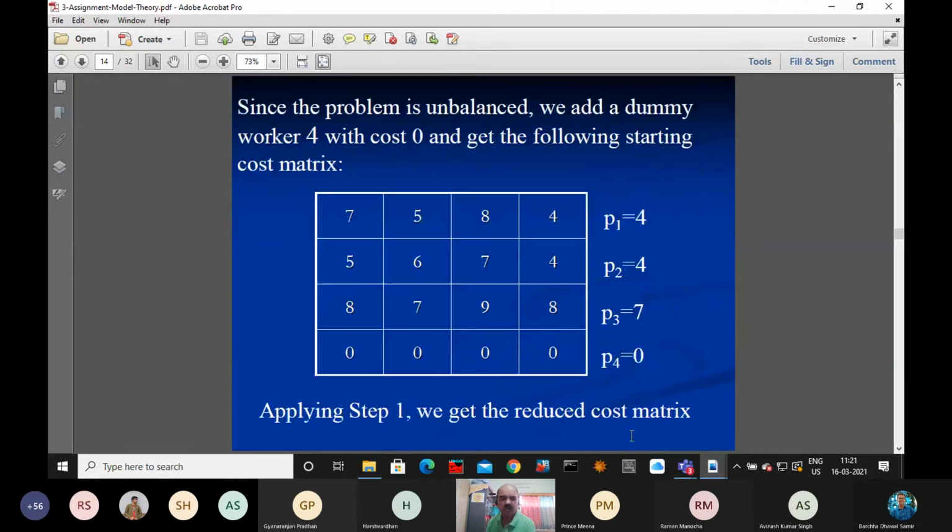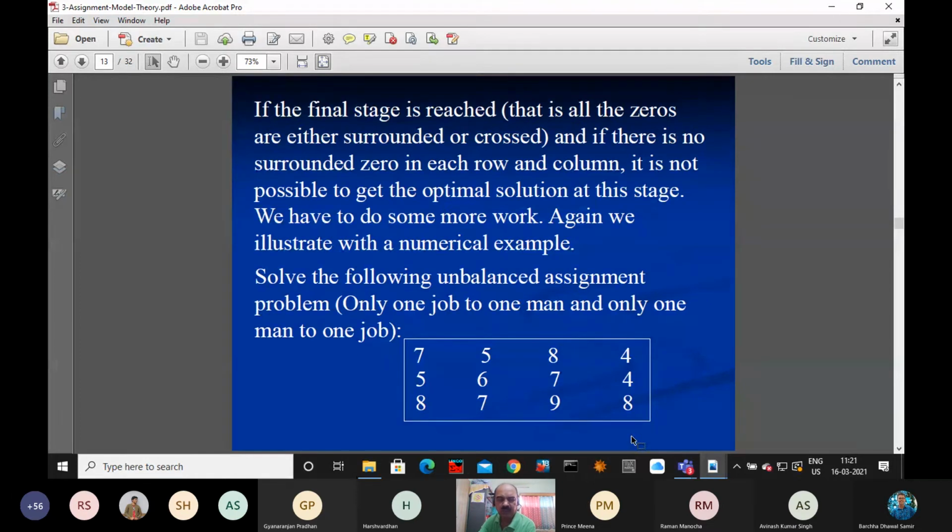So what do we do here? Say the same problem is given here. The coefficient matrix: first row 7, 5, 8, 4. Then second row 5, 6, 7, 4. Third row 8, 7, 9, 8.